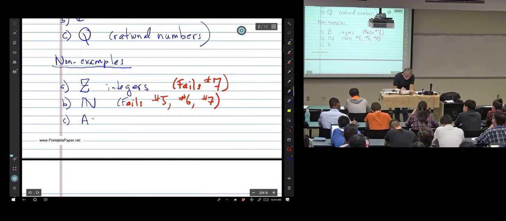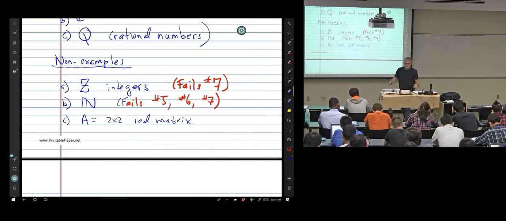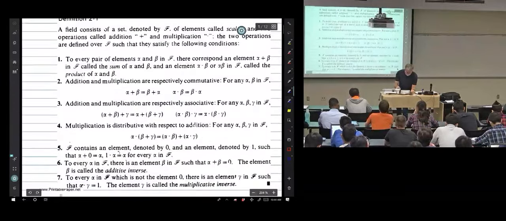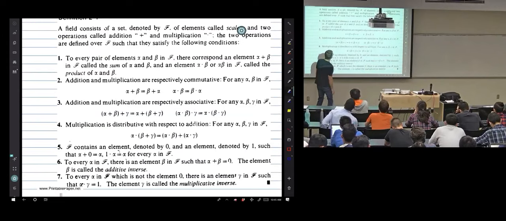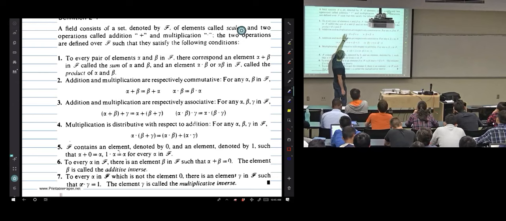Okay. What about A equals 2 by 2 real matrices? Inverses. Yep, units may not exist. Okay, anything else? The commutativity, A times B is not necessarily equal to B times A. Okay, so this is not true for all 2 by 2 matrices.